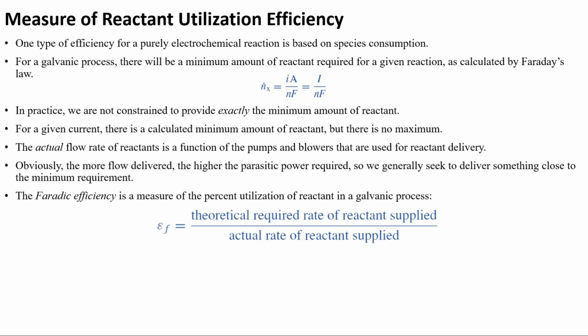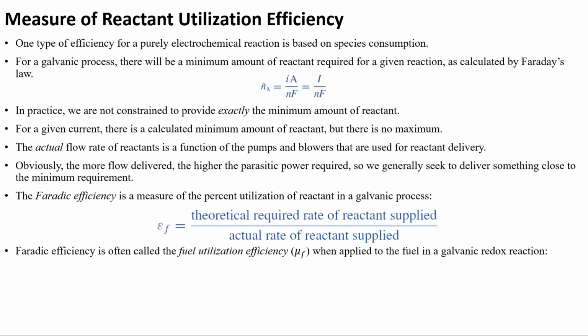So Faraday efficiency is basically a measure of percentage utilization, that is, how much reactant is consumed from the actual rate to generate a particular amount of current. Faraday efficiency is based on the theoretical required rate of reactant supply. It means how effectively the reactant will be consumed in order to generate a particular amount of current.